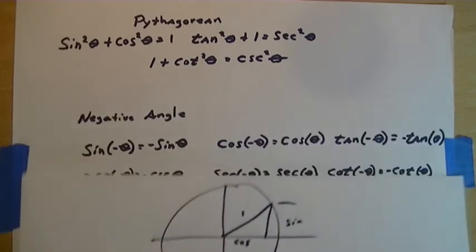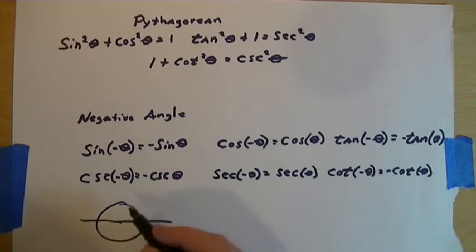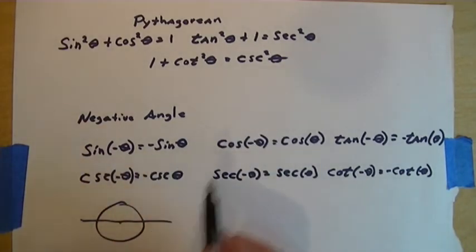Likewise, let's look at these negative angle ones. And again, just by looking at your unit circle, you can say, okay, since the sine is a y-axis issue, if you've got a negative angle over here, then it's just going to be the negative of the sine.